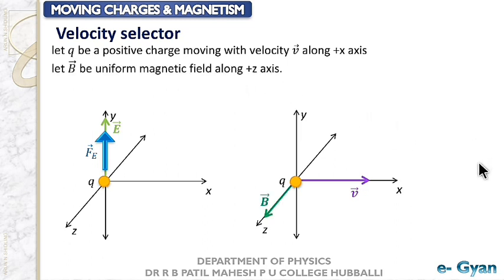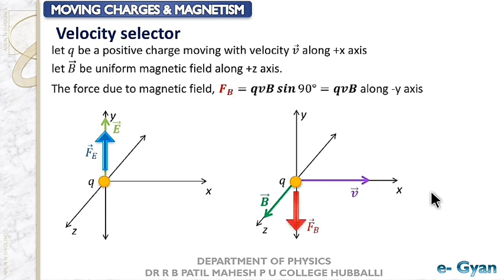Soon after that I shall take a magnetic field along the z-axis. So magnetic field is along the z-axis, velocity is along the x-axis. Now the force on this can be given by the right hand rule, and that would appear in the downward direction, that is along the negative y-axis.